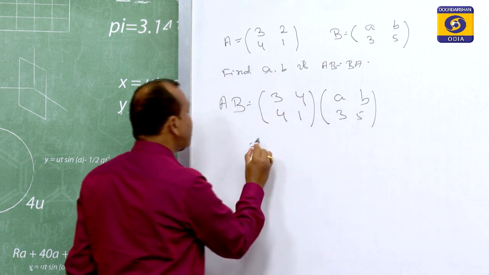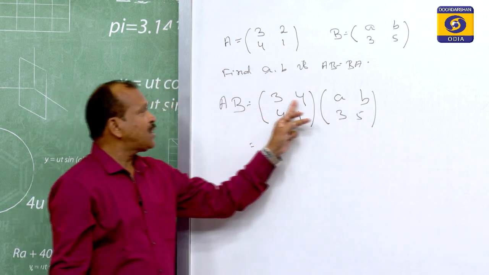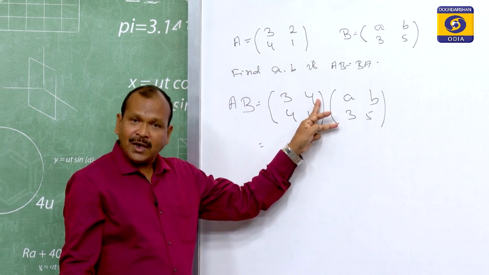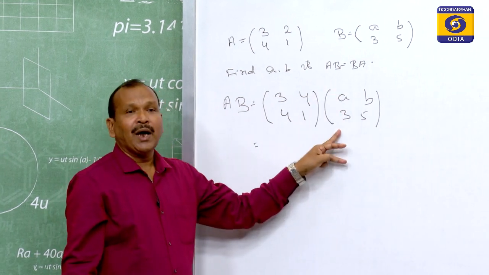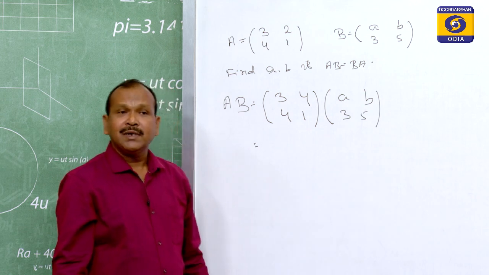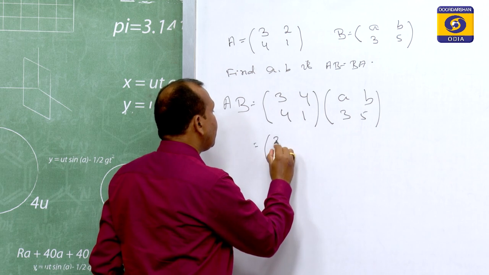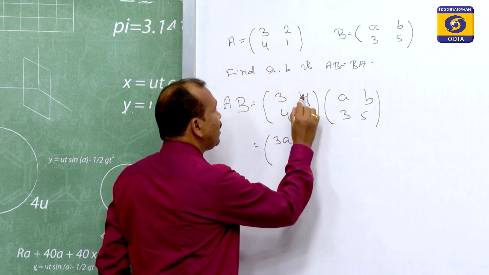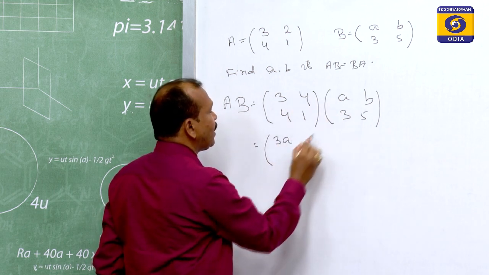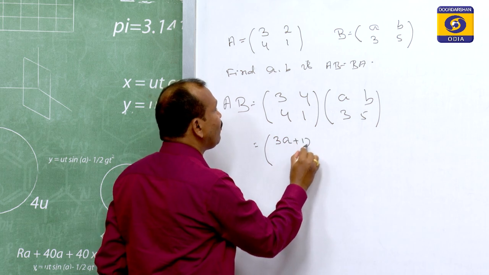A matrix is 3 2, 4 1 and B is a b, 3 5. The product is taken by multiplying the first row of the first matrix with the first and second columns of the second matrix. So 3a plus 2 into 3, that is 3a plus 6.